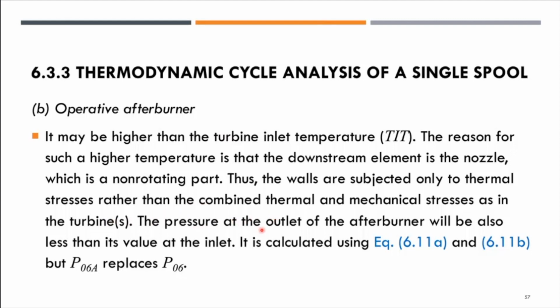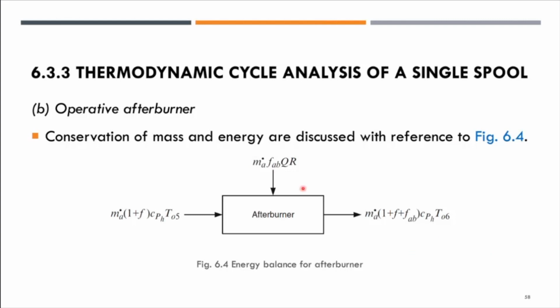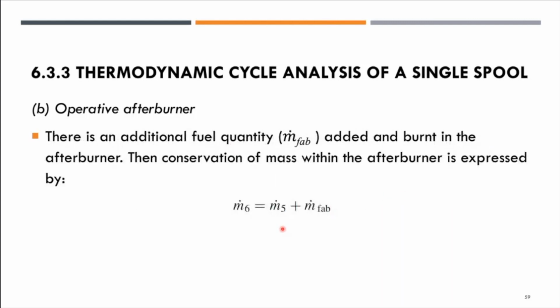So pressure at the outlet of the afterburner will also be less than its value at the inlet and can be calculated using equations 6.11A and 6.11B, conservation of mass and energy, discussed with reference to 6.4. So you can put all the energy balance component equations for the afterburner. There is an additional fuel quantity, m dot f,AB, fuel afterburner added, because of course you are spraying extra fuel.